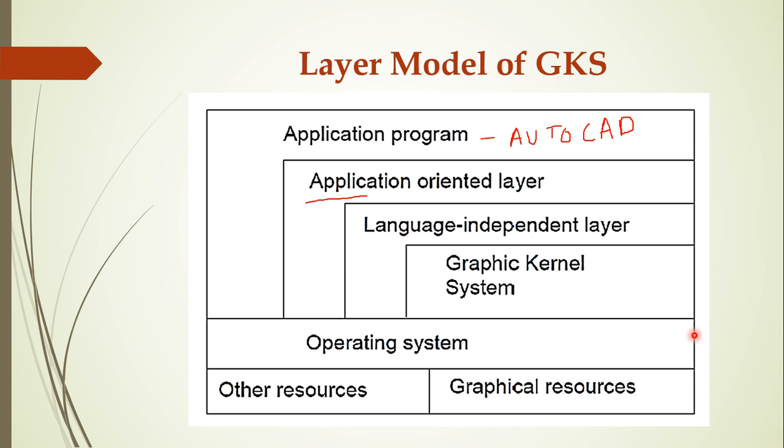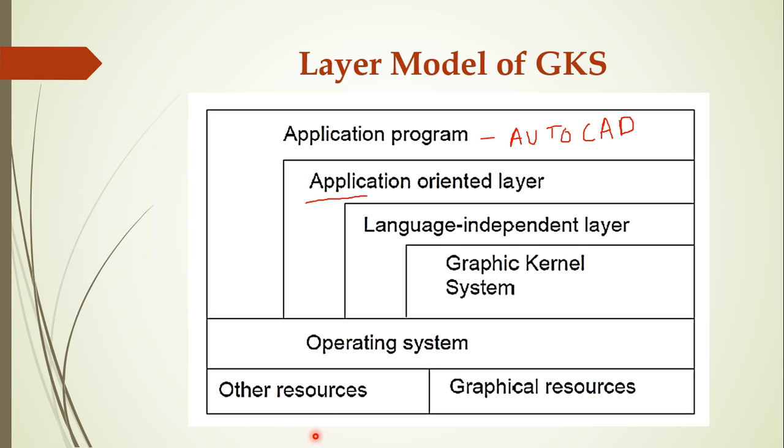So first, these are the resources, the graphical as well as other resources: input devices, output devices, graphical RAM as well as your graphics card. The operating system is the intermediate platform, and GKS forms an interpreter between your input device as well as the output window.